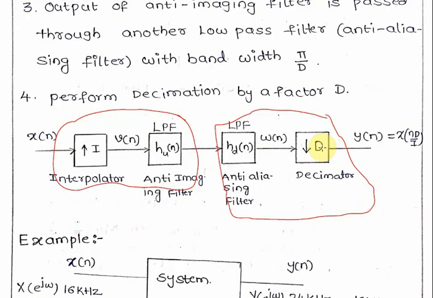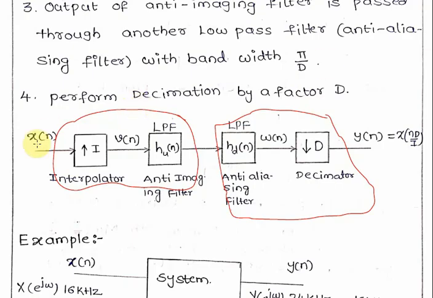Before decimation, we need to use a low pass filter to avoid the aliasing effect. So this filter is the anti-aliasing filter. This filter is the anti-imaging filter. Here we are cascading: the output of the interpolator is given to the input of the decimator. By cascading these two systems, we are doing the interpolation decimation operation.